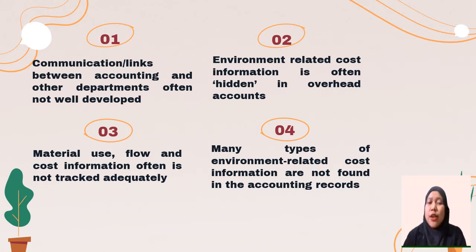The first one is communication or links between accounting and other departments, often not well developed. For example, technical staff may have considerable experience with the flow of energy, water, and other materials throughout an organization. Environmental and technical personnel, however, often have little knowledge of how those issues are reflected in the accounting records.